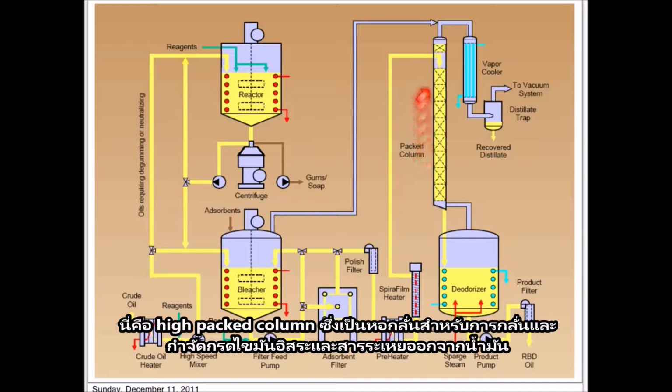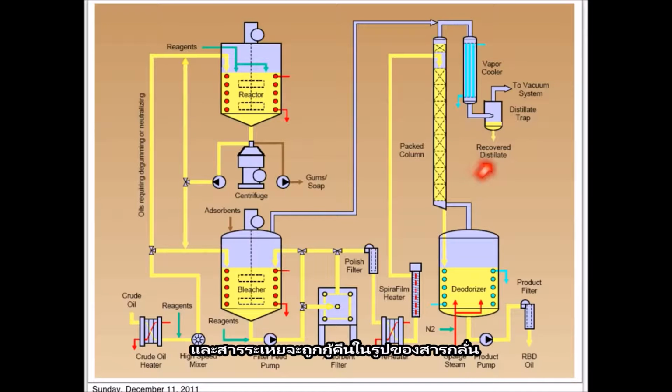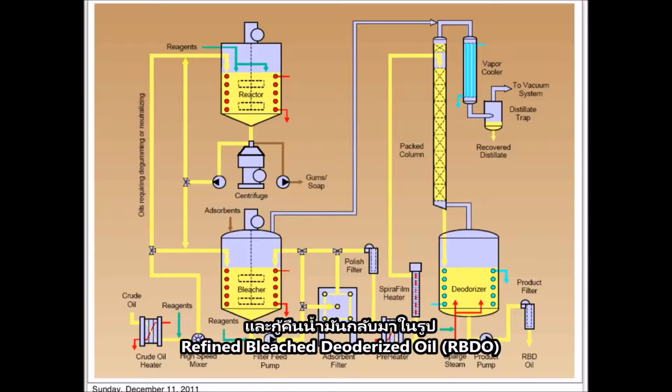So here we have a high-pack column, which is the distillation column, to deodorize and to remove the free fatty acids and the volatiles from the oil, and the volatile material will be recovered as distillate, and the oil will be recovered as RBD oil, which is refined, bleached, deodorized oil.